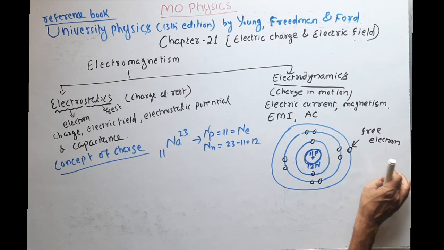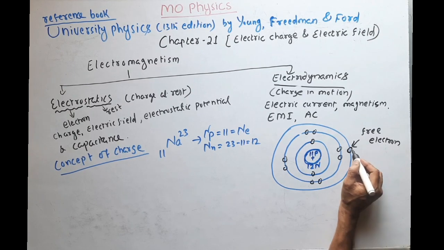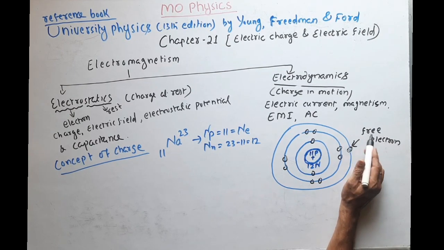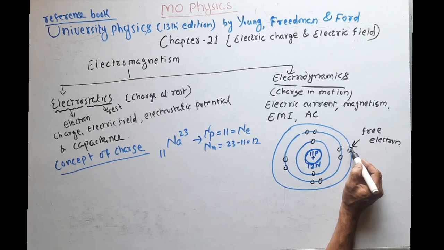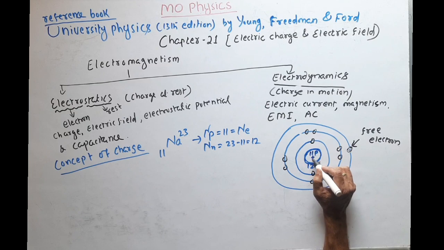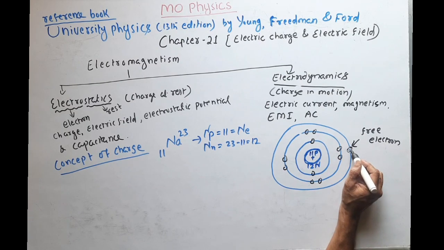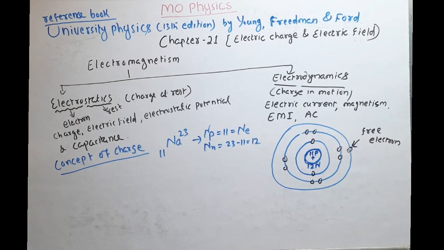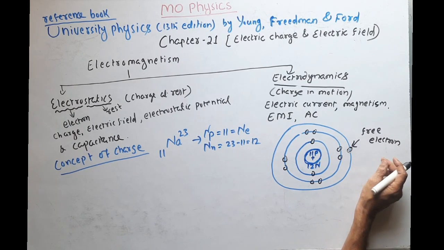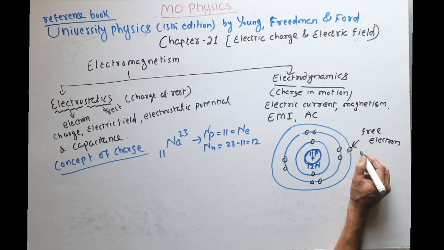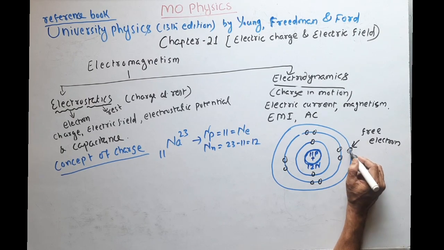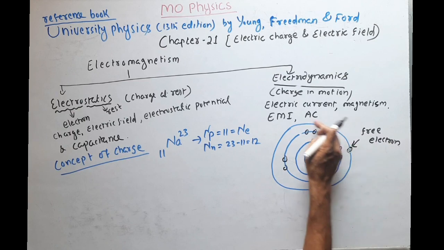If your friend comes and says let us go to the park or restaurant, you immediately go, because you are loosely bound by your parent. So an electron which is loosely bound by the nucleus is called a free electron. If I apply some small force externally, this electron can be removed from the orbit.